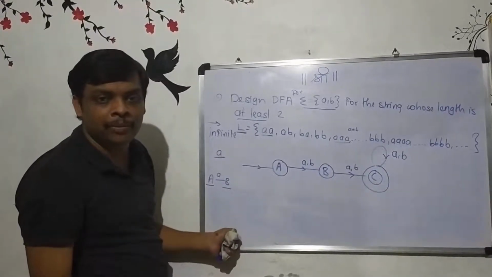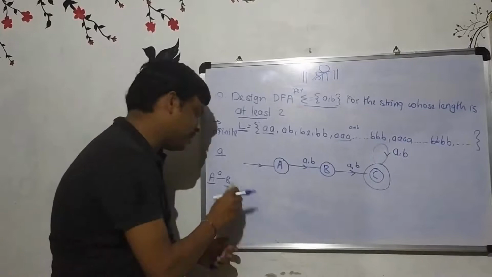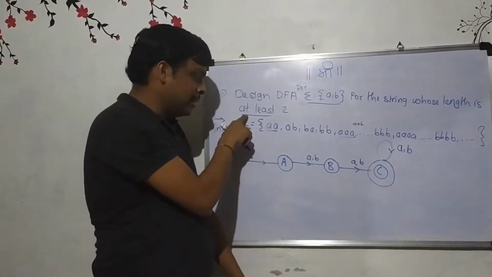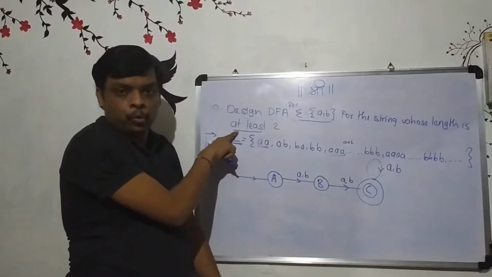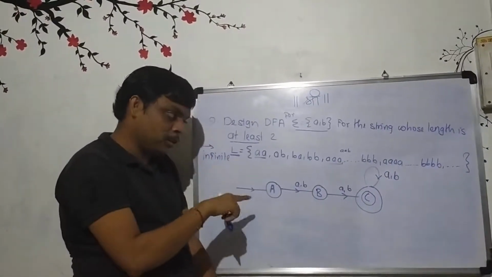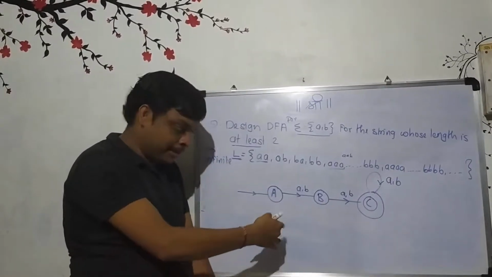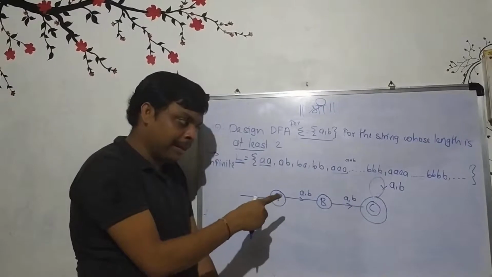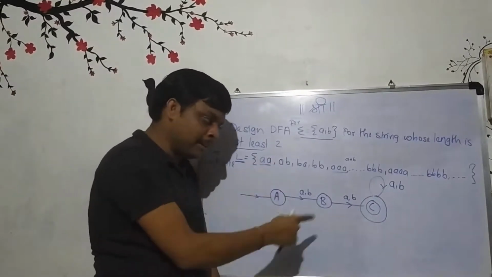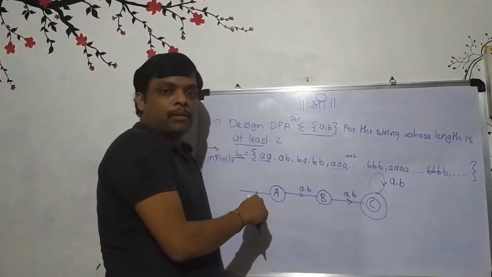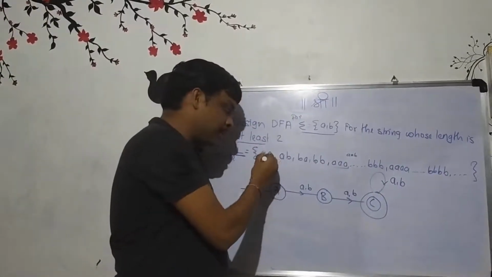Getting this point? So this is how we can design a DFA for strings whose length is at least 2. Now verify after designing this DFA. As I said earlier, whenever you are designing your DFA, you have to design it in such a way that it accepts all the strings from the language.